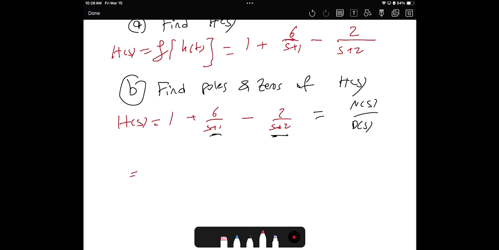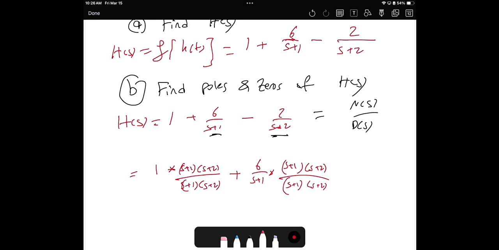So what I'm going to do is say here is 1 times (s plus 1)(s plus 2) over (s plus 1)(s plus 2), plus 6 over s plus 1 times (s plus 2) divided by (s plus 2), then minus 2 over s plus 2 times (s plus 1) over (s plus 1), all over (s plus 1)(s plus 2).